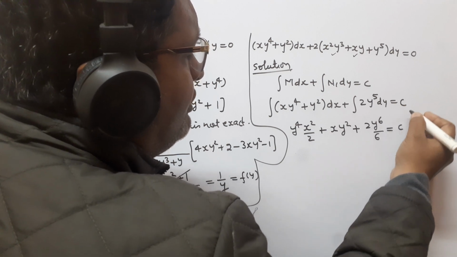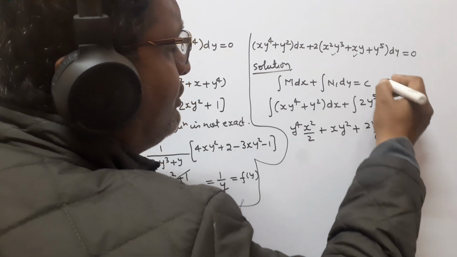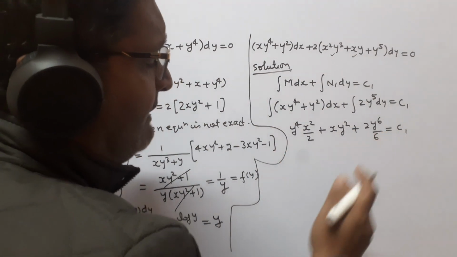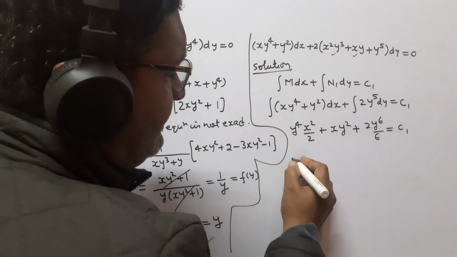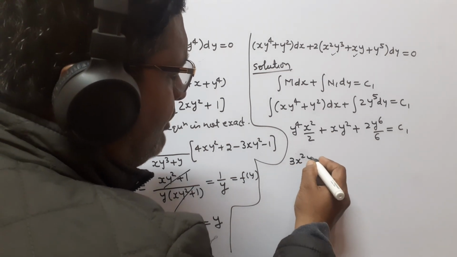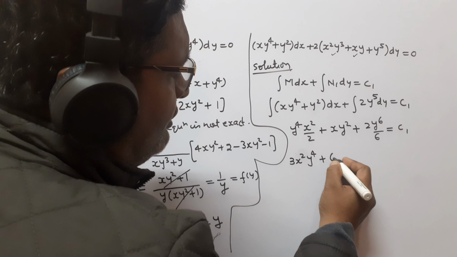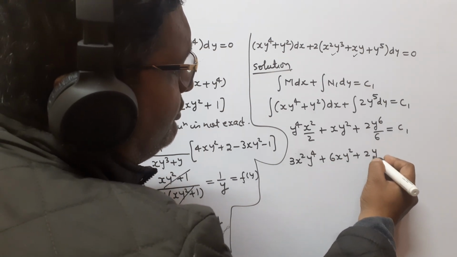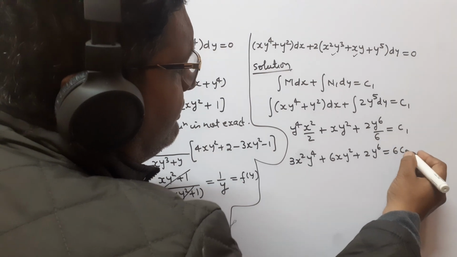This is equal to c1. Suppose we take here constant c1. Now we multiply the whole equation by 6. So we get 3x^2y^4 + 6xy^2 + 2y^6 = 6c1.